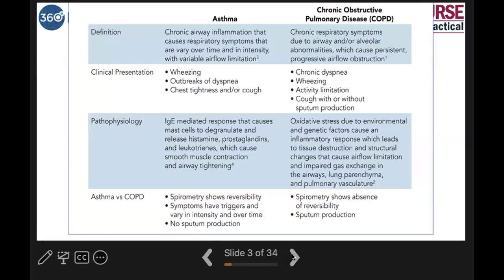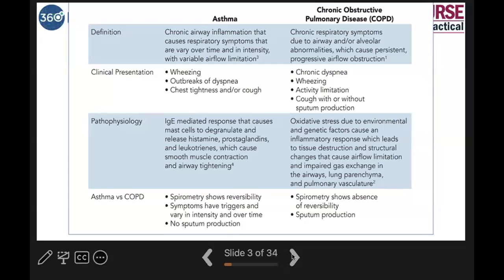But in COPD, because of genetic factors and oxidative stress due to environmental factors, there is an inflammatory response which leads to tissue destruction and structural changes that could cause progressive airflow limitation, ultimately leading to impaired gas exchange in the airways and the lung parenchyma. Because of the back pressure and the pressure changes in the airway and the alveoli, there could be problems with the pulmonary vasculature also.